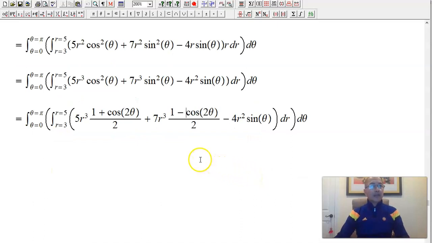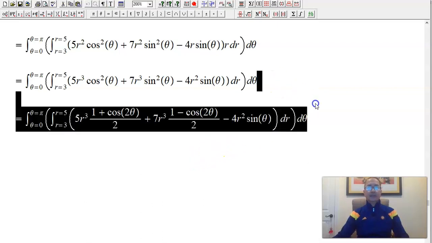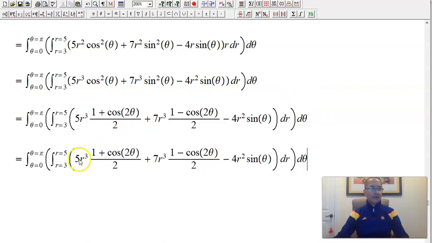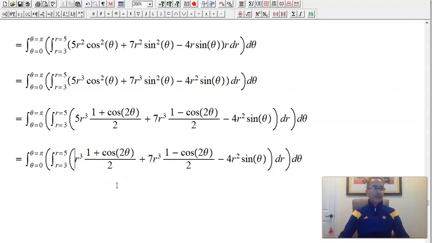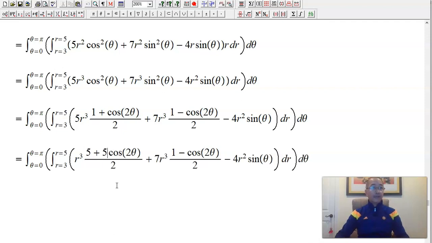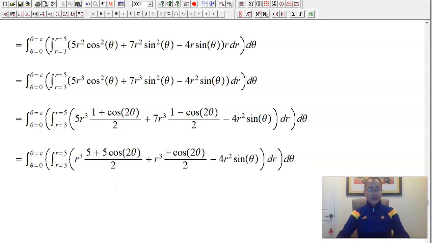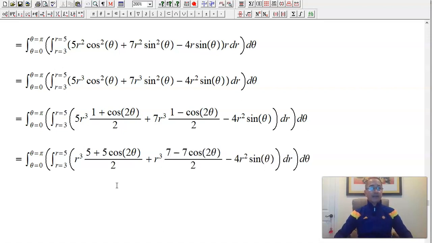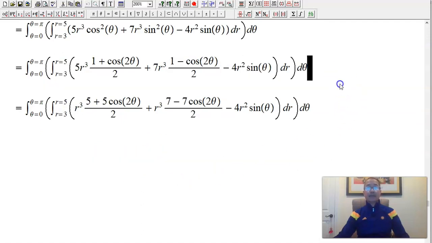Okay, so now we should do some arithmetic. Let's keep the r cubed outside. So we have 5 plus 5, and similarly we have 7 minus 7. Okay, so I want to do that because, check it out, we're going to get 5 plus 7, 12 over 2, so that's 6.